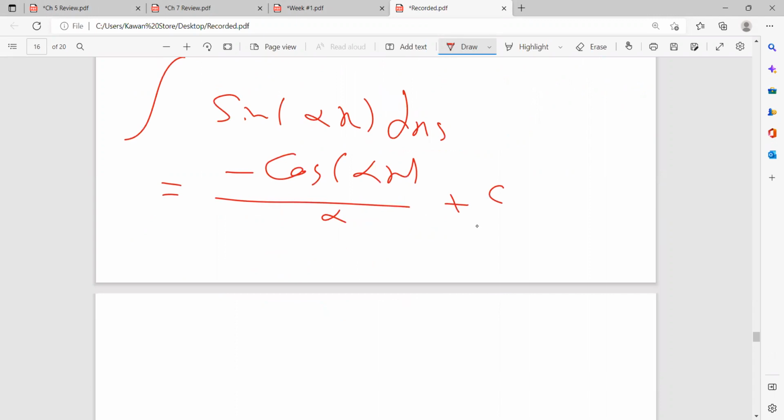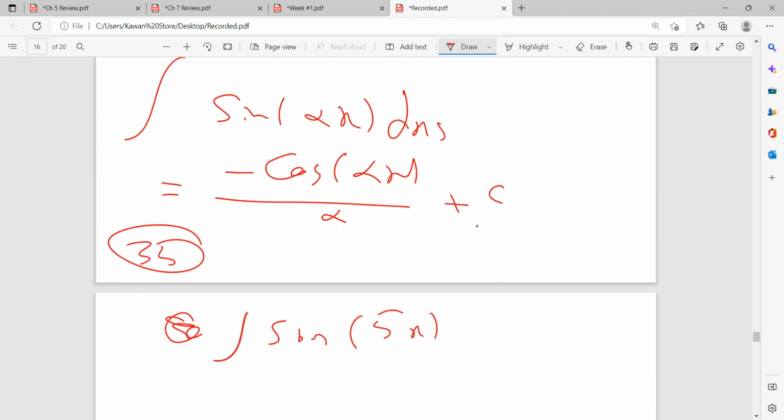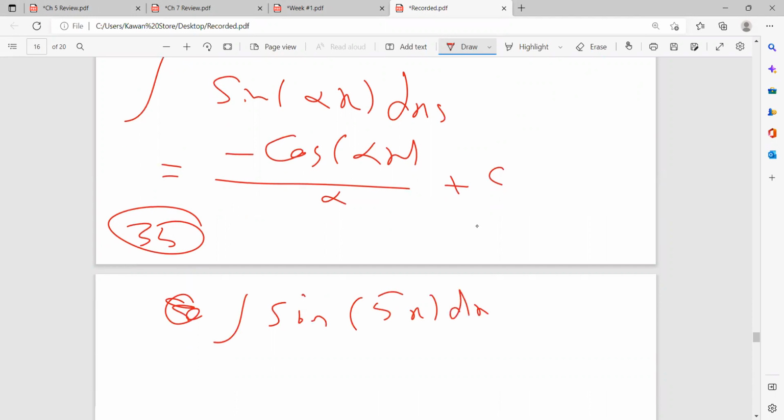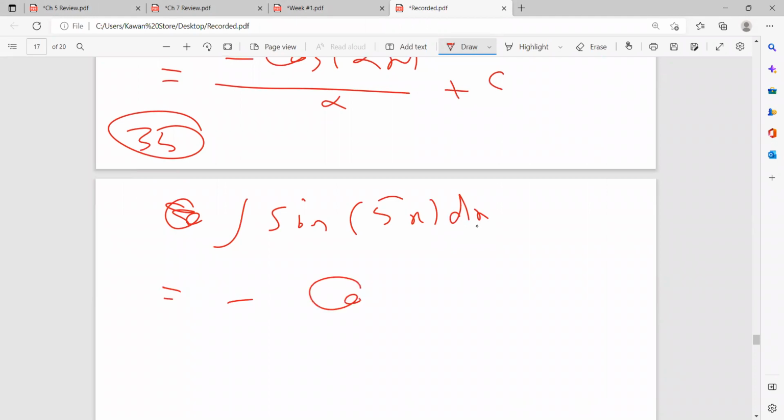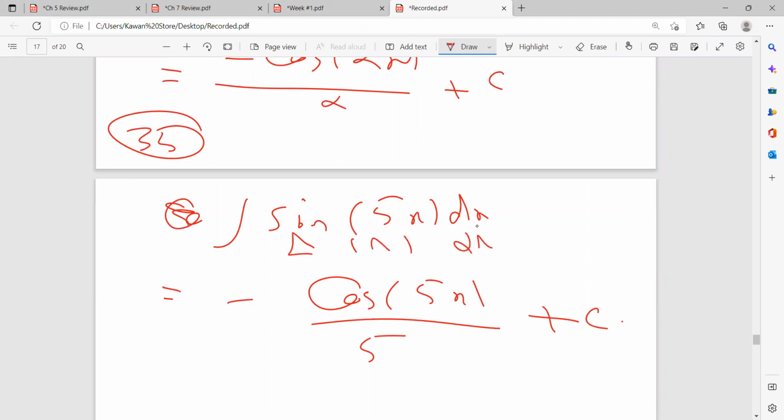What do you mean by that one? Look at that example. We have sine 5x dx. I say it is equal to minus cosine 5x over 5 plus c. The same: trigonometric angle, the angle.